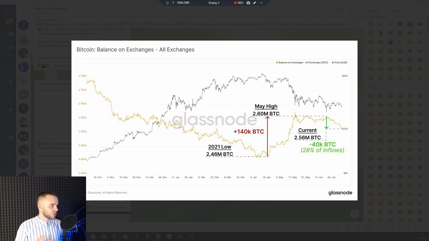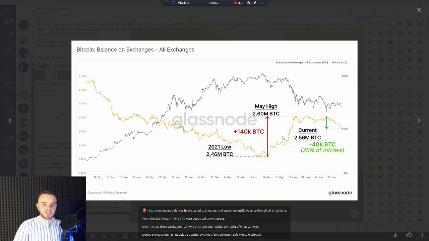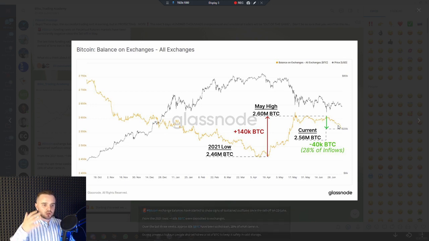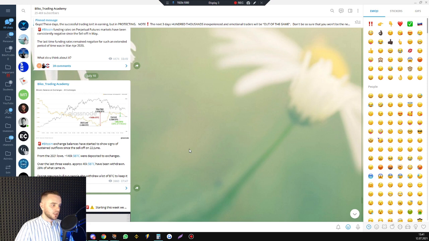Why? Because exchange could be banned, exchange could disappear, all of that. It's not secure. It's secure to keep your money in cold storage, especially if you have like 10,000, 20,000 Bitcoins. That's why it's a really good signal that soon big guys could accumulate enough Bitcoins and start a new uprise.